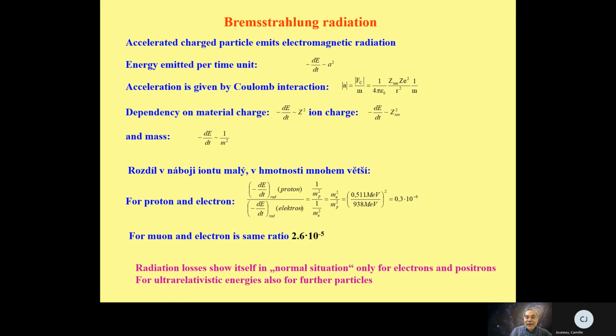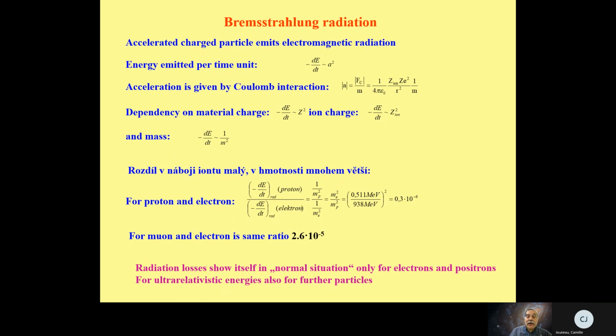That means there is about 10 to the minus 6 times smaller intensity of Bremsstrahlung radiation for a proton than for an electron. That means it is possible to completely neglect this. The same ratio applies for muon and electron, because muon has a 200 times higher mass than the electron.